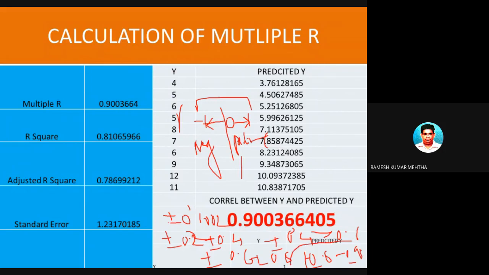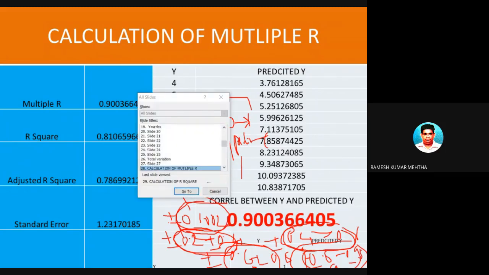So this is a very strong model, this is a strong model, this is a medium model, this is a weak model, and this is a very weak correlation. That is: very strong correlation, strong correlation, moderate correlation, weak correlation, and this is a very weak correlation because the output is only 0.2.